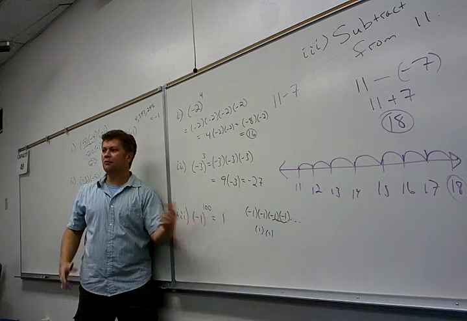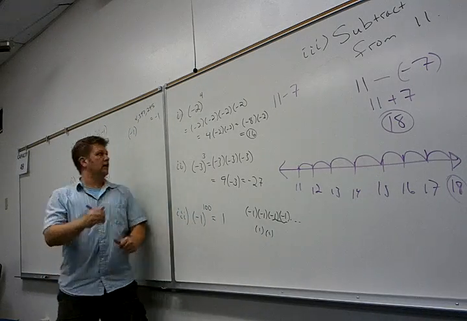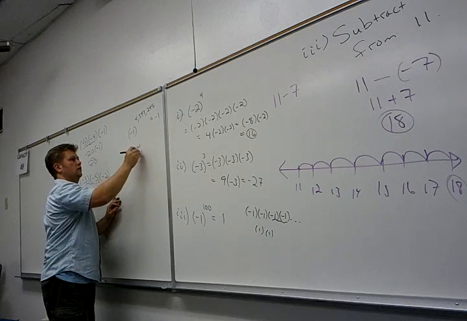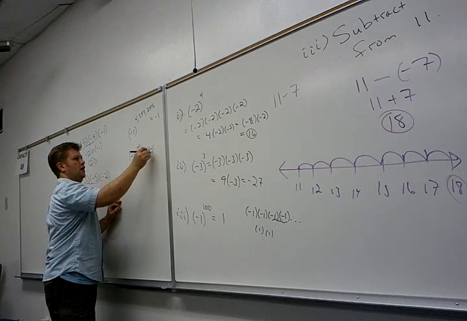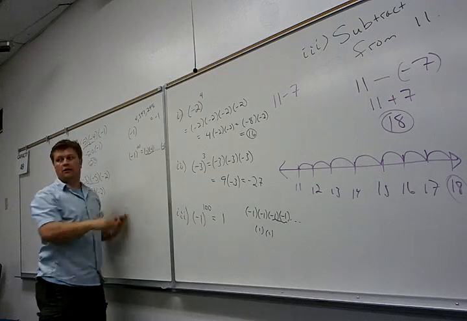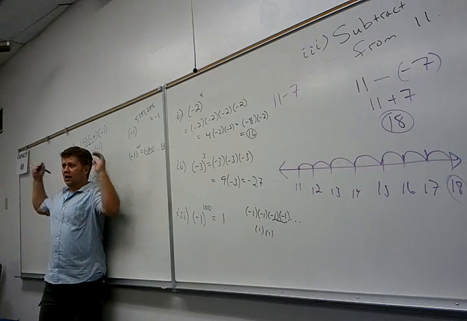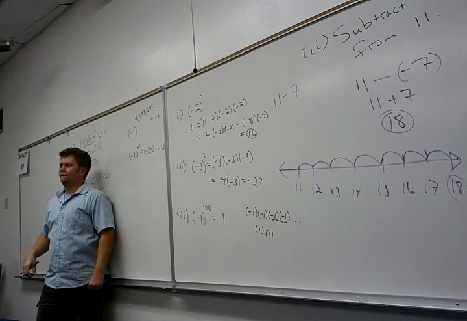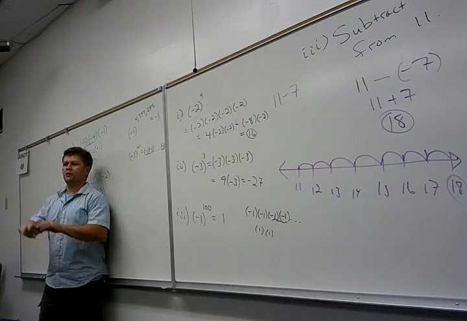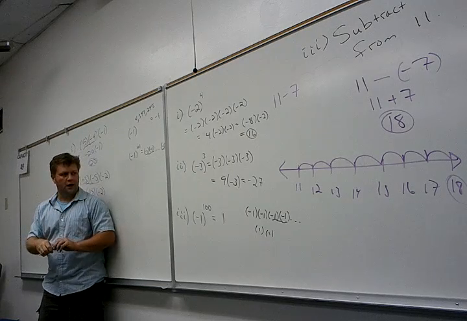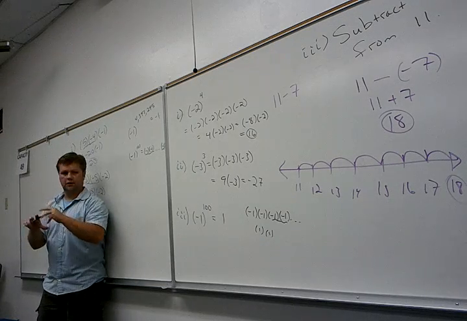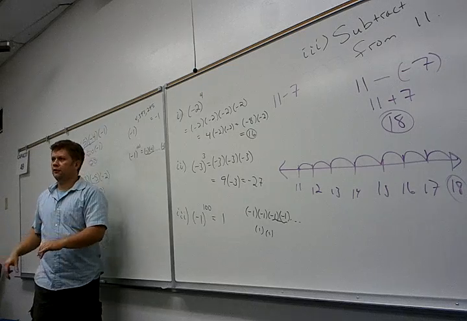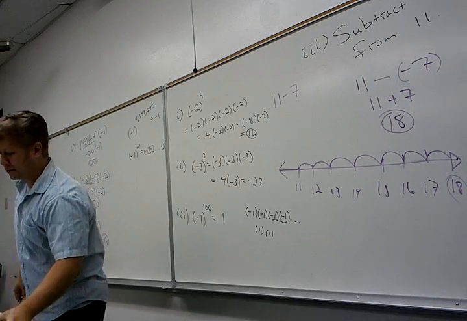And I've got an even number, so there's a bunch of pairs. If I had negative 1 to the 101, there'd be a pair and a pair and a pair, and then there'd be one little dude at the end by himself. So he's like, I'm alive. Powers are definitely different, so be careful. And for powers of 1, there are very few options. In this case, only 1 or negative 1.